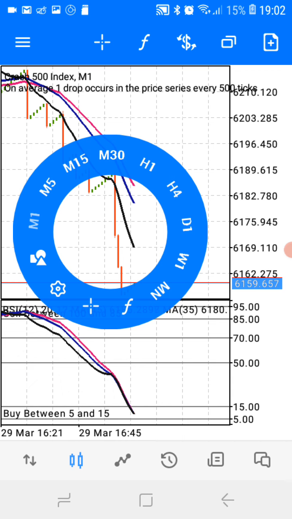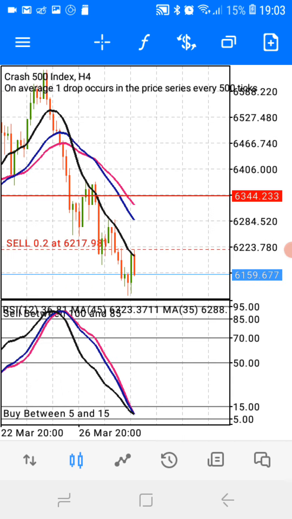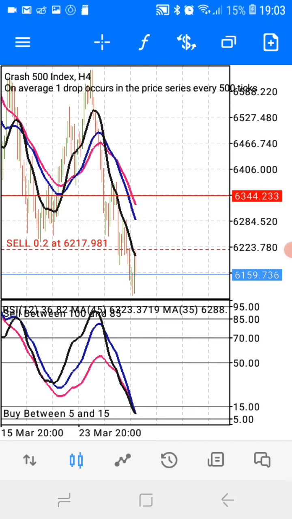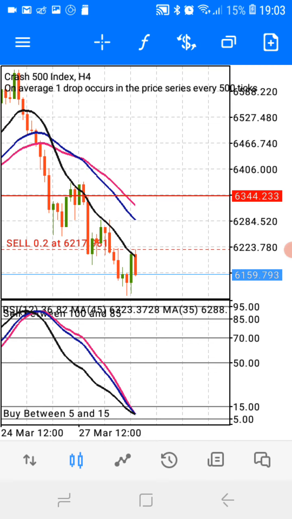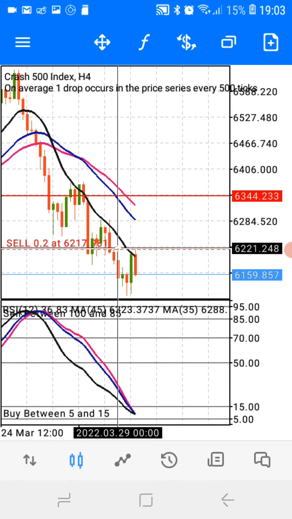I want to show you something with this strategy that I'm using. As you can see on our H4, it was a downtrend, and then it started retracing. Let me use the crosshair.